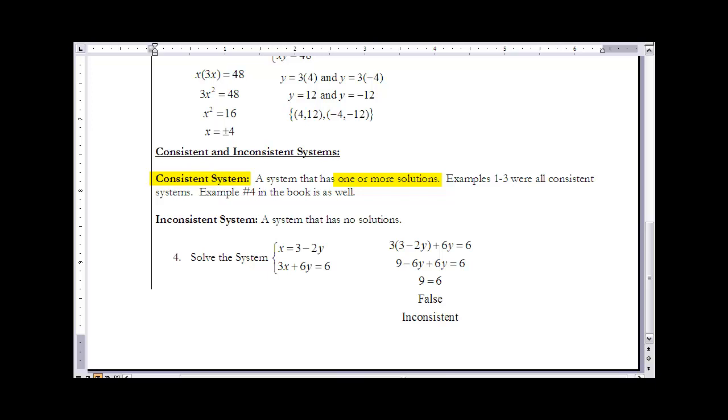Example 4 in your book, you might want to reread that one, but that also is considered a consistent system. The idea of an inconsistent system then would be any system that has no solutions.